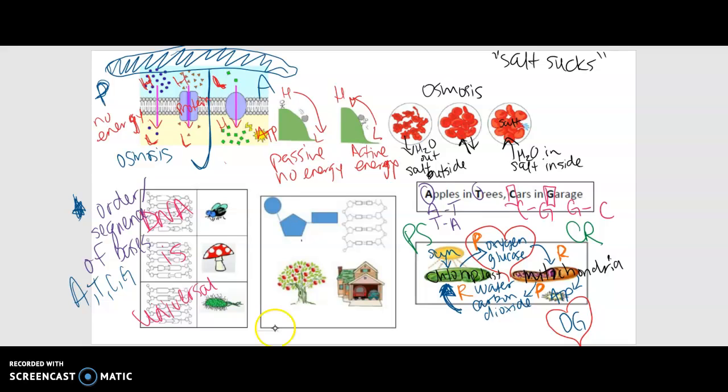And then if you're more visual and you have to remember that you have an apple tree here to help you remember that A pairs with T, T pairs with A, car in a garage for C and G, G and C, and then you have this nucleotide. Alright, remember nucleotide is our building blocks for nucleic acids, or a monomer. Many nucleotides together make this guy right here, our DNA double helix, or our DNA strand.